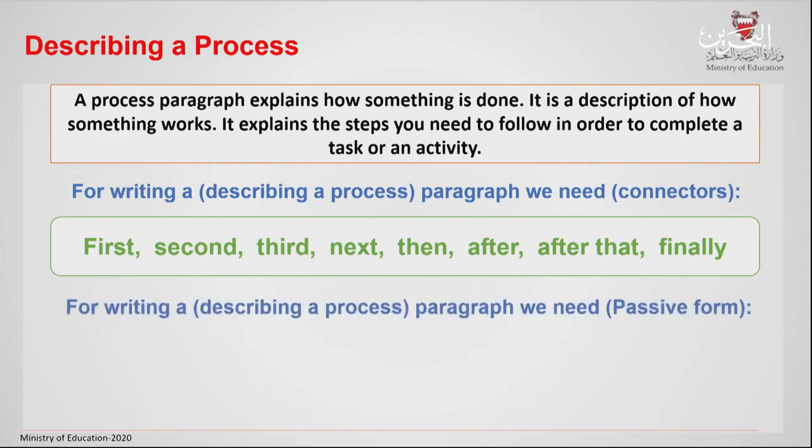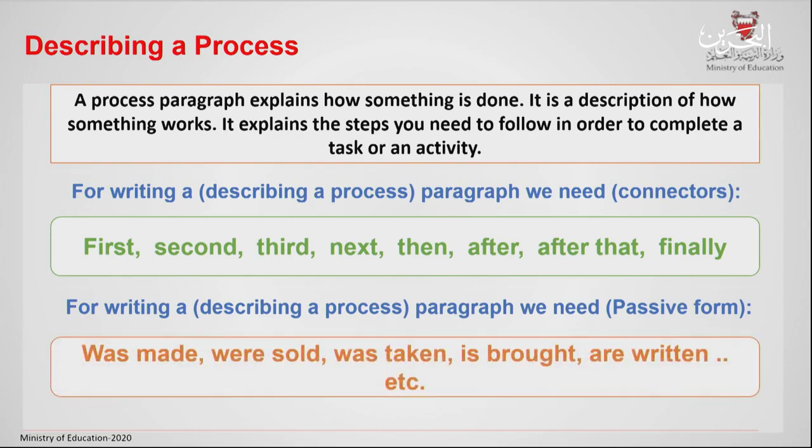Number 2, you will use the passive form that we have just learned. Like what? Like was made, were sold, was taken, is brought, and are written. So you should consider 2 things, using connectors and the passive form.